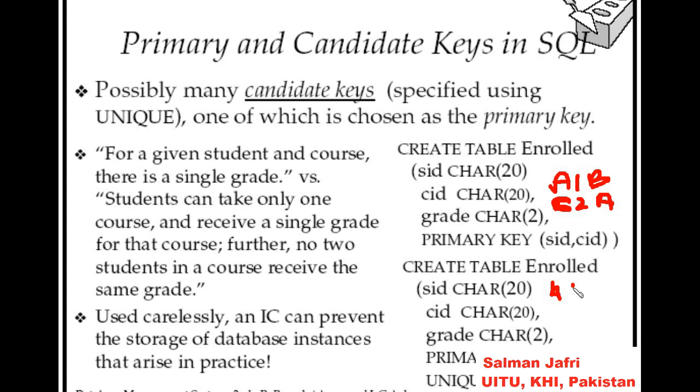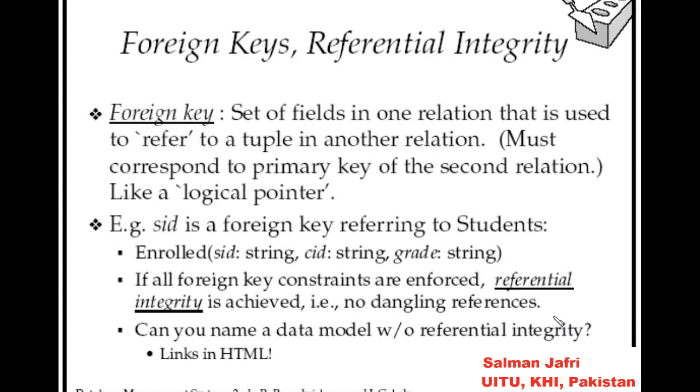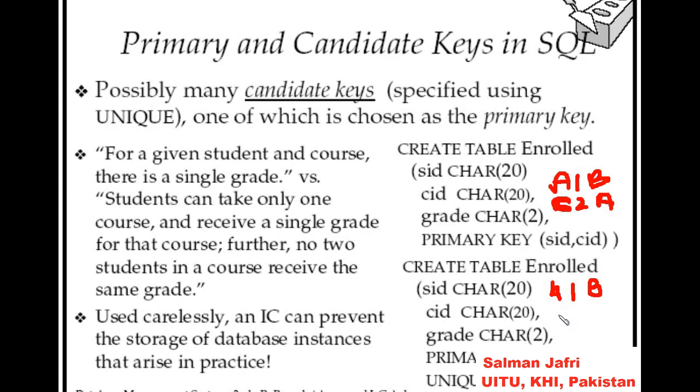So if in course 1 student A gets a B, and student C in course ID 1 also obtains a grade B, can this row be entered in this table?